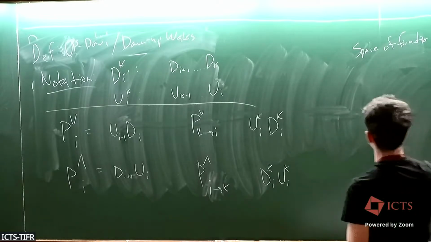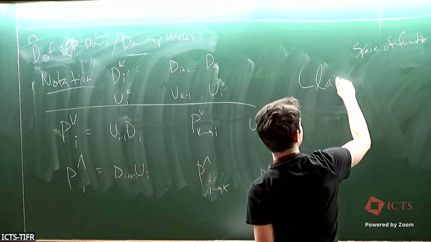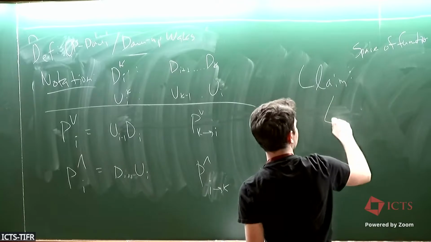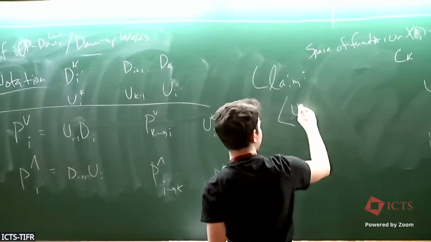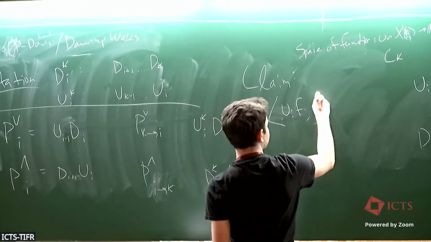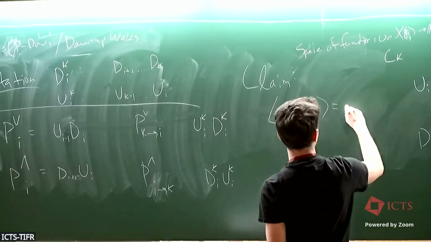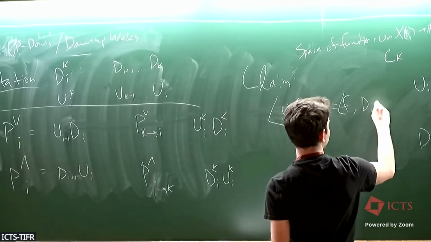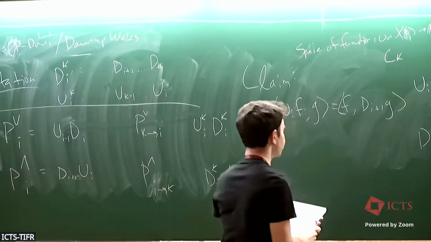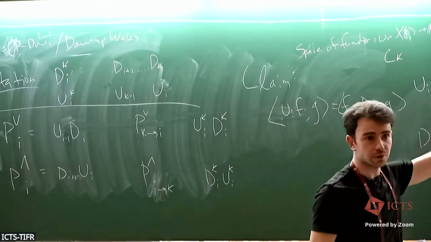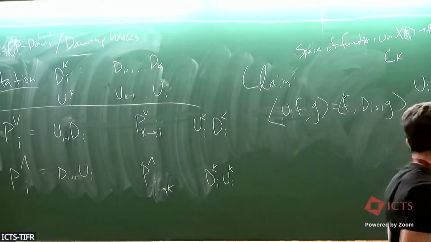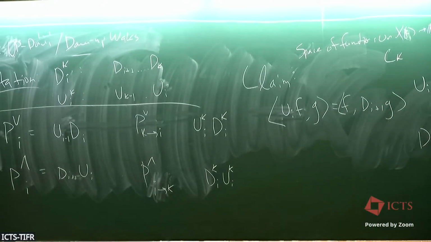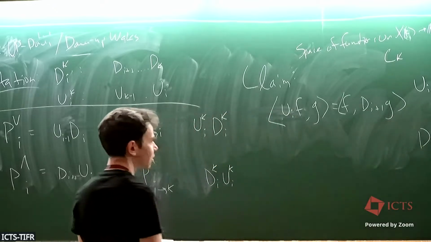So in particular, a claim that I will not prove is that the inner product of u_i f with g is equal to the inner product of f with d_{i+1} g. That these are adjoint operators between all the levels of the complex, which we actually already proved because they're just the weighted adjacency matrix, and we showed that the weighted adjacency matrix is adjoint with respect to these distributions. So we already showed this. That's partially why we worked so hard last time.